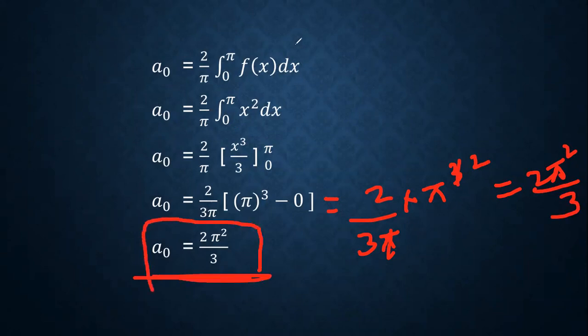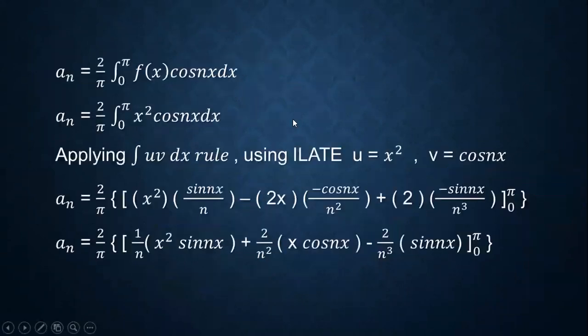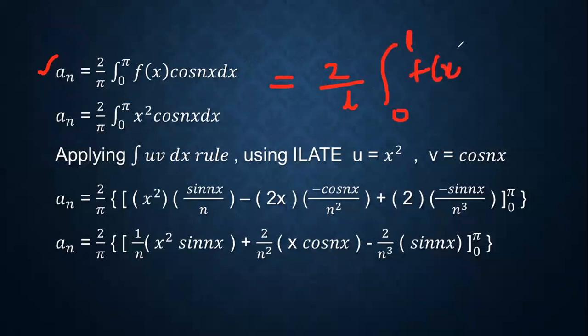This is the way you have to solve the a naught value. Next we have to find out the a n value. This is very important. So a n is equal to 2 by L. The actual formula will be a n is equal to 2 by L integral 0 to L f of x cos n pi x by L into dx.